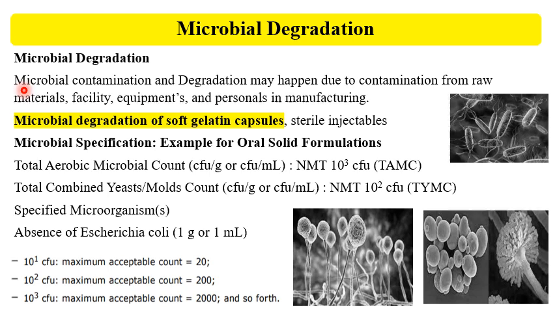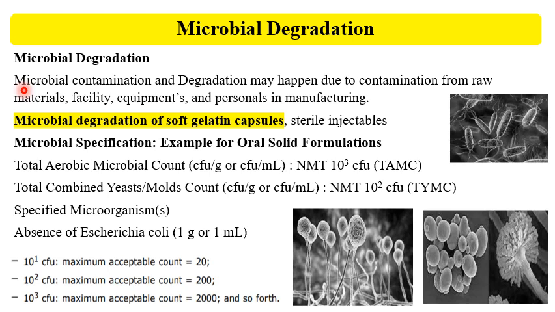From anywhere this microbial contamination can happen, and the quality management systems are there to restrict the contamination, but still some formulations are very prone to the microbial degradation, like soft gelatin capsules, and some sterile formulations which are very sensitive to the microbial degradation.